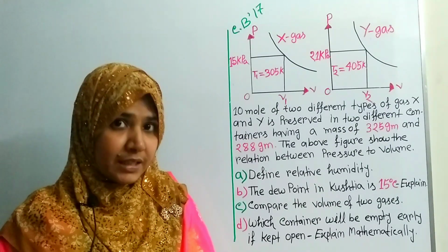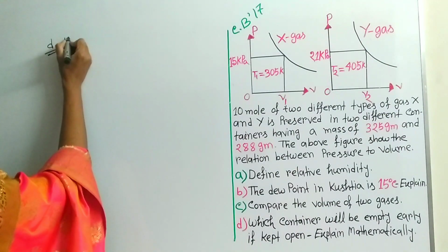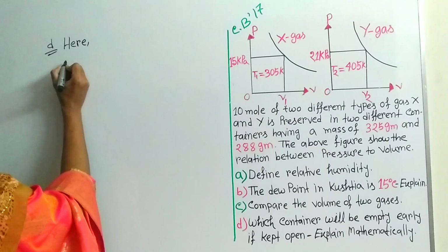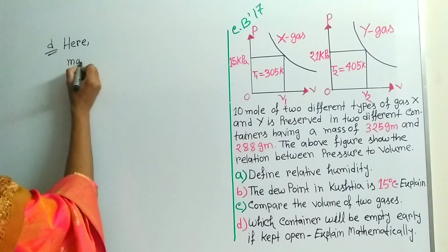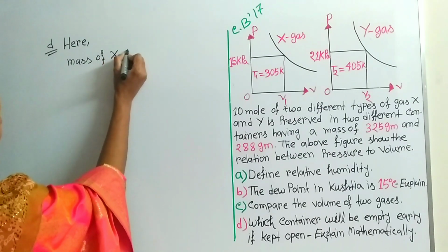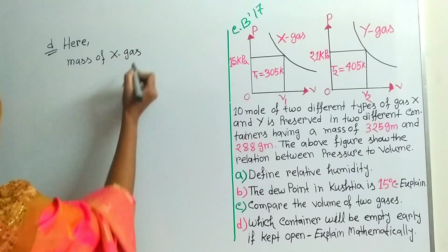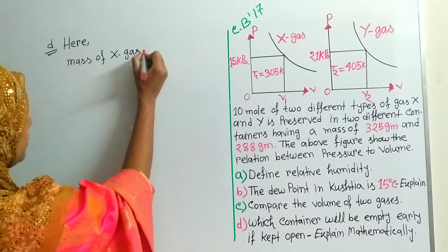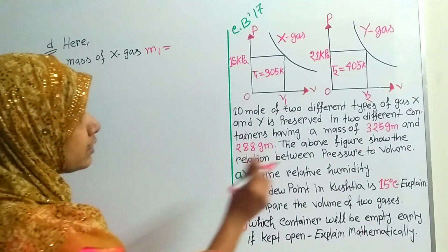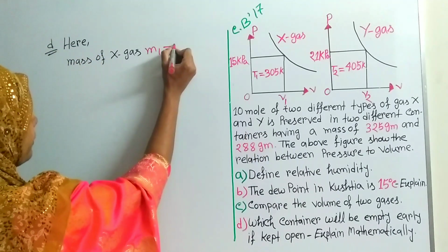So, here the given information is: mass of X gas, M1, is equal to 325 gram.